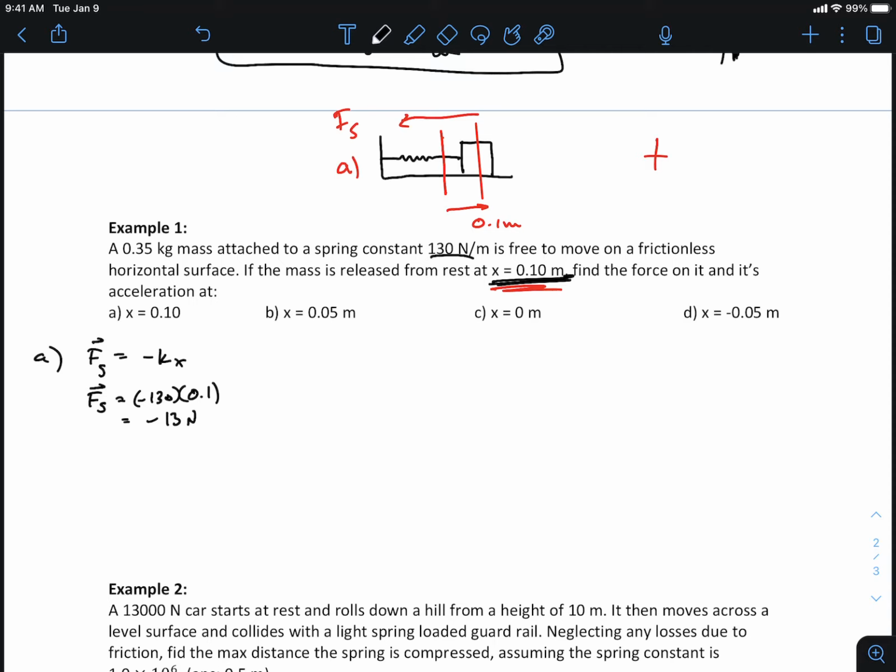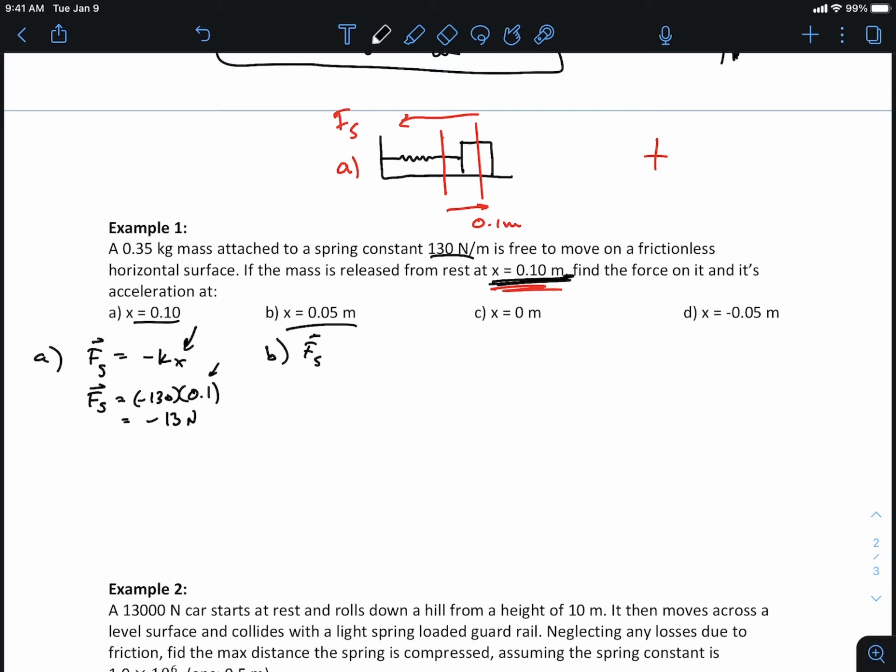based on those conditions. Okay, and if we continue to go across, what happens here? Well, it looks like I've displaced this box half as much, right? And so for part B here, the spring force, if I cut the amount of displacement in half to 0.05, I better expect to see half the amount of force come out.